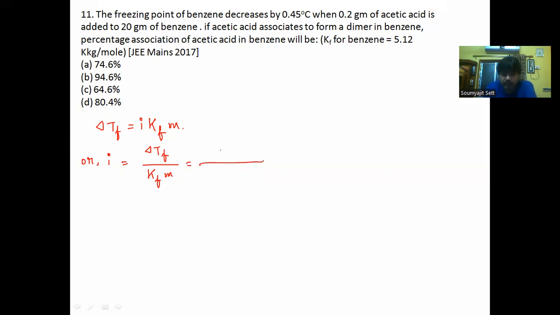Delta Tf is given as 0.45 and Kf is 5.12, into the molality. Molality is how much? 0.2 by 60, the molecular weight of acetic acid, divided by 20 gram of benzene, that is 20 by 1000. So you will get the value of i, that is 0.527.